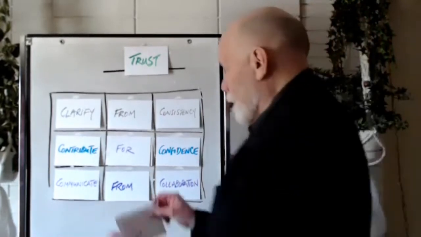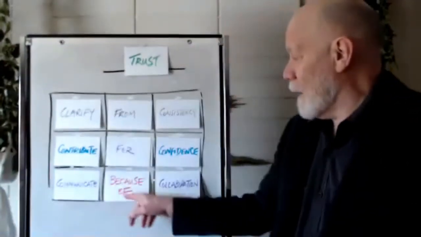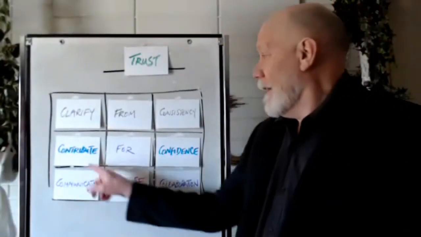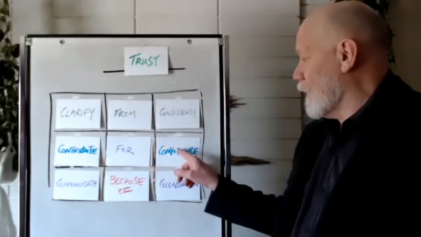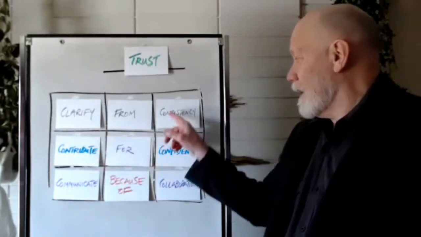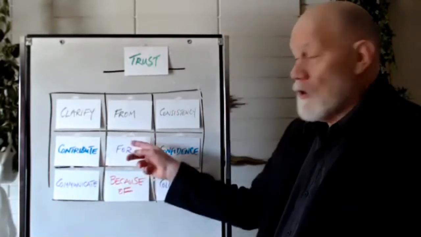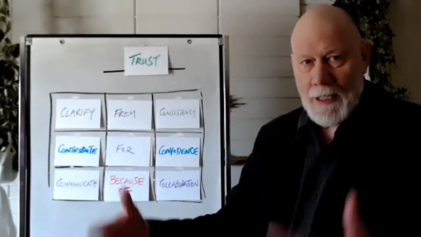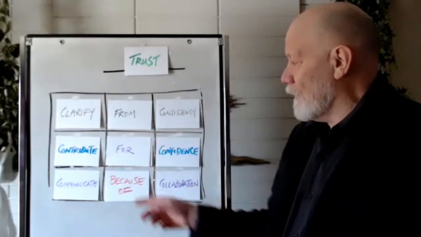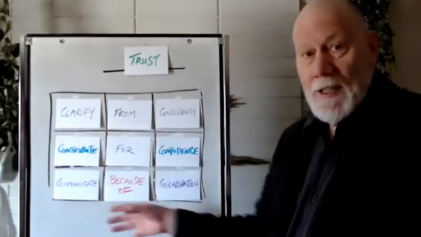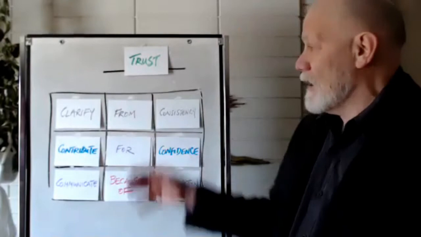Equally, you can use because of: communicate because of collaboration, contribute because of confidence, clarify because of consistency. Again, you can use these conjunctions, which is what they're used for in the English language, and mix them up as well and see what happens.